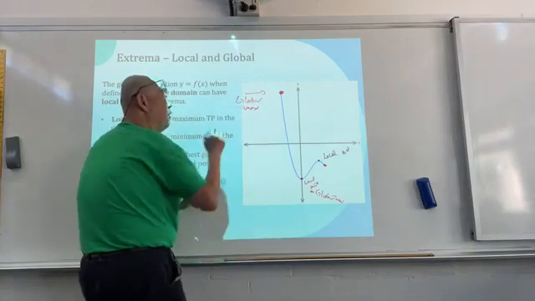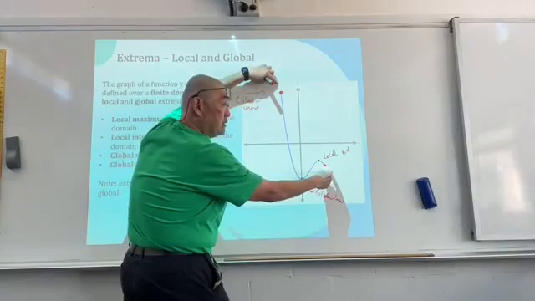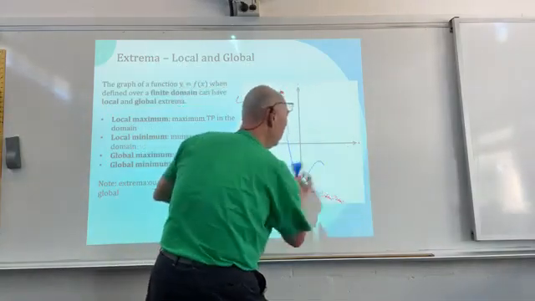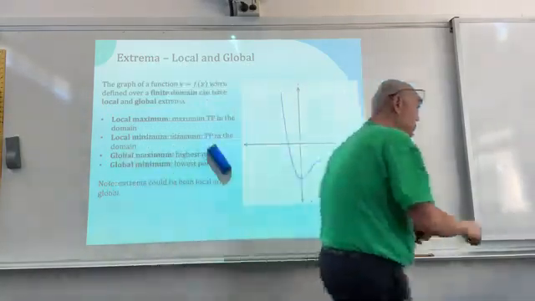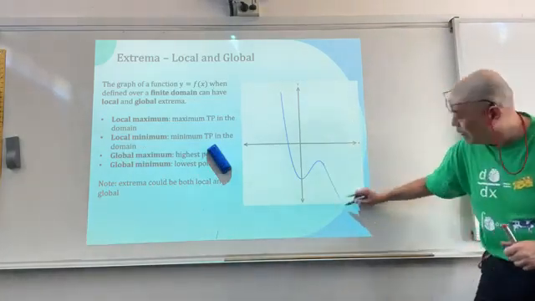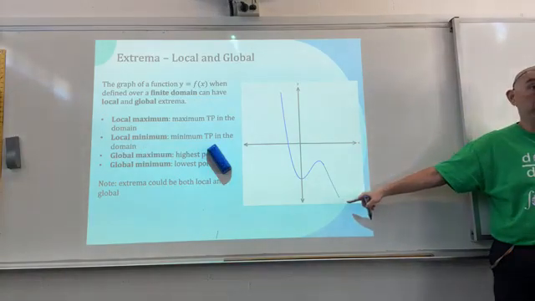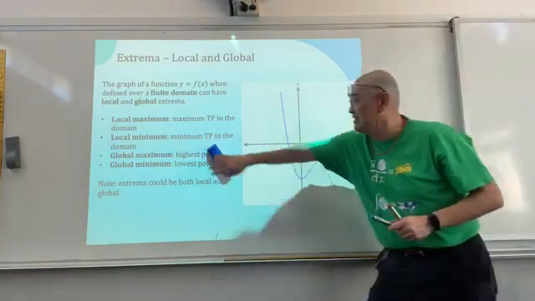So you must check both ends. If this graph were extended by this bit, up to here, that would be your global minimum, and the maximum here. Right? Let's do the next exercise.